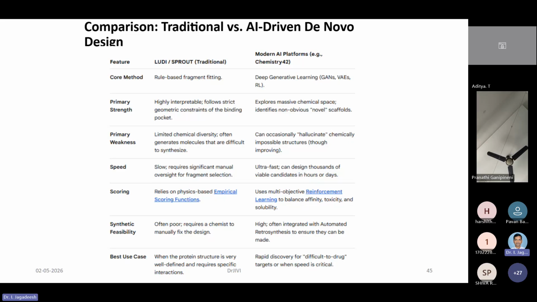That is the reason it is multi-objective. In the case of scoring, we may get a good affinity and drug-like score, but if toxicity is also scored, then we can drop that moiety. In this, we have a balance of affinity, toxicity, and solubility, so that we will not have a problem in ADMET also.